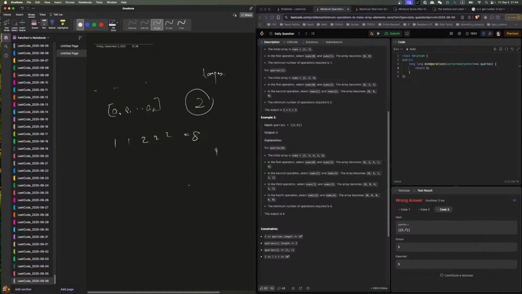But then what we need to solve the next problem is, given a range, how do we find this sum? Well, we know to divide by 4, right? Every value divide by 4.